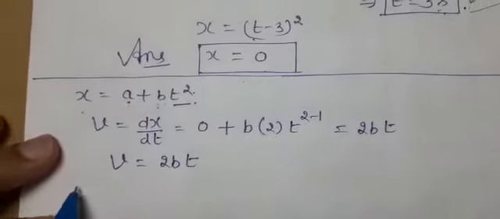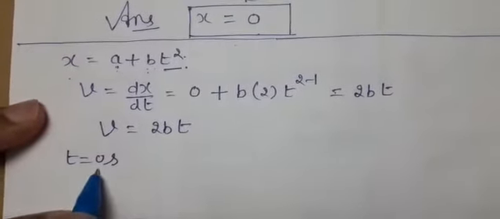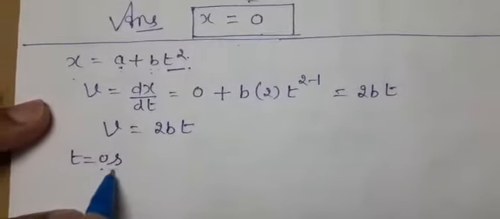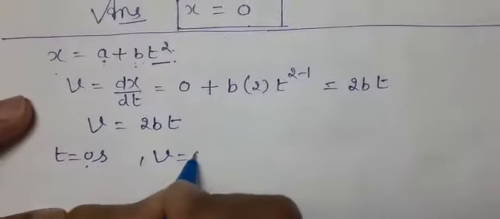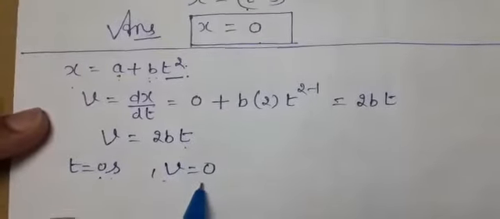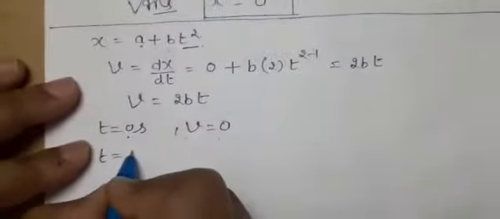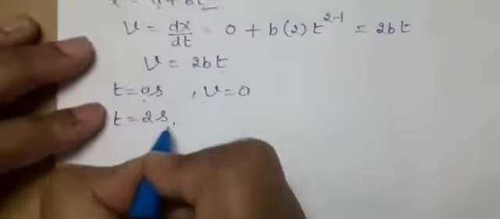Now you have been asked what is the velocity at t equal to 0 second. That means at the starting of motion, just at the origin point. By substituting t equal to 0, velocity is 0. It means body is not moving, no velocity. Now you have to also find velocity at t equal to 2 seconds.